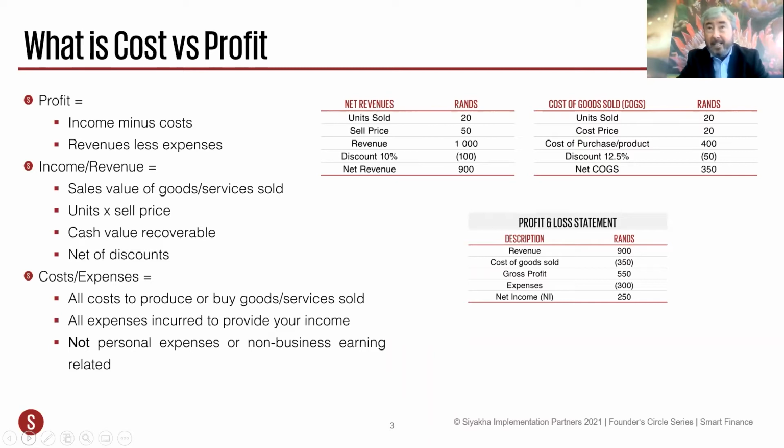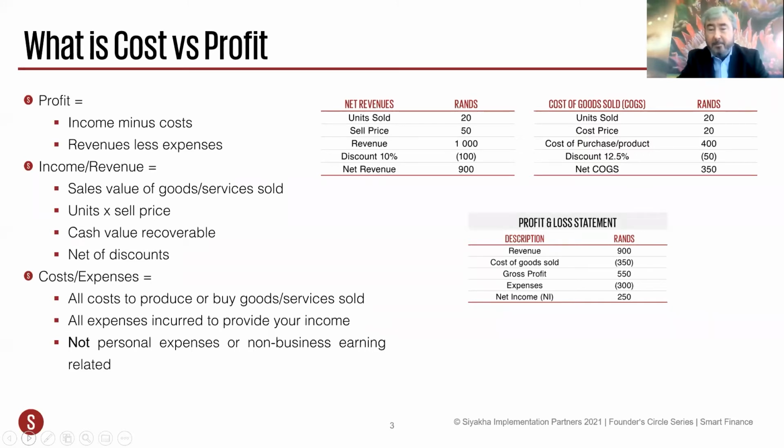And then if you gave your customer a discount of 10%, you would expect to collect in cash from your customer a net revenue of 900 Rand. So nothing too complicated about that. Similarly, if you're selling time, how many hours would that be? What would your price per hour be? Same principle.